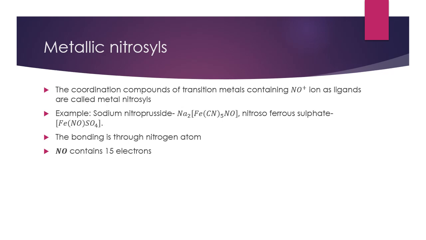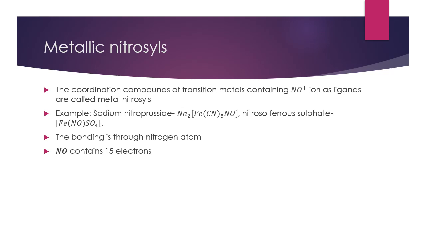Now let's see its molecular orbital configuration. The NO molecule, nitric oxide, contains 15 electrons, that is 7 electrons from nitrogen and 8 electrons from oxygen.